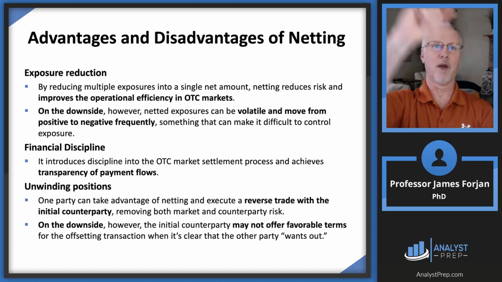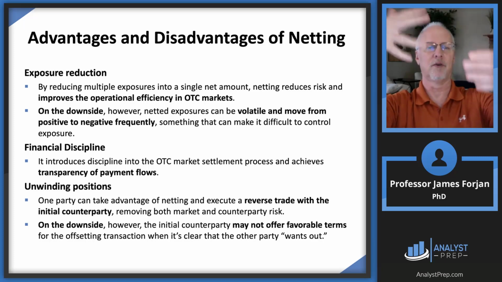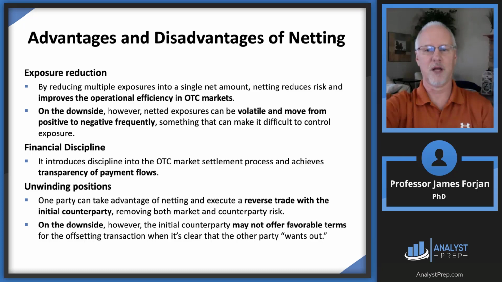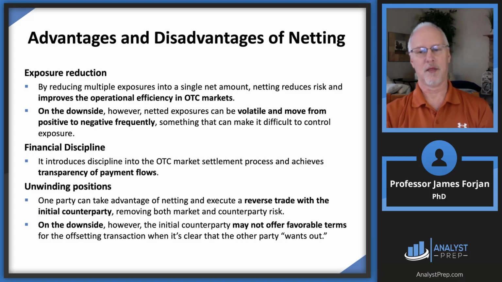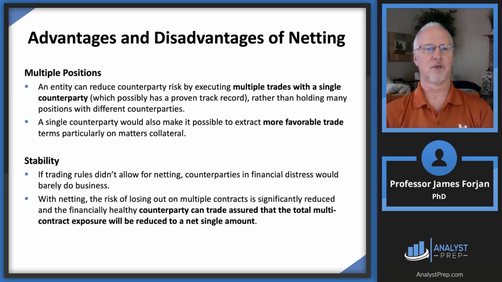So, if you get way up here, what you could do is get out of that contract, or you could just enter another contract that has the opposite position. So here's the first one, then you layer it with the second one. That's what I'm saying in unwinding positions: you reverse the trade with the initial counterparty, removing both the market and the counterparty risk. The problem with that is that you may not get favorable conditions.